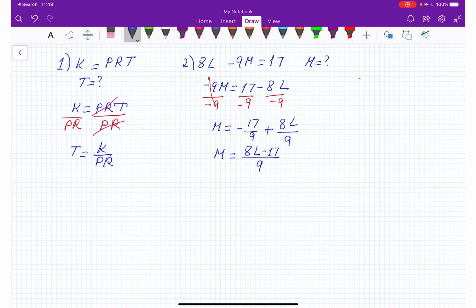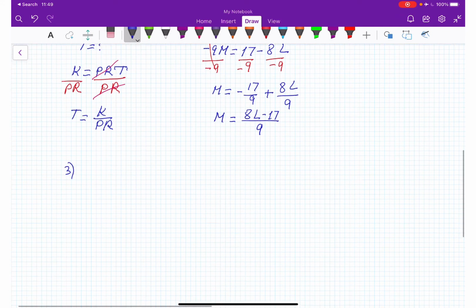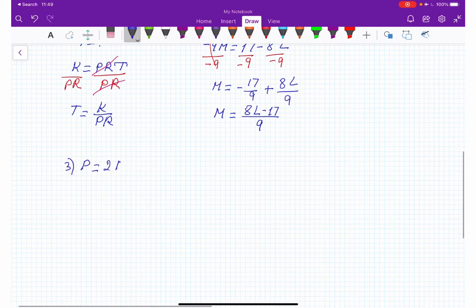All right. Question number 3. We have P is equal to 2M plus 2G.